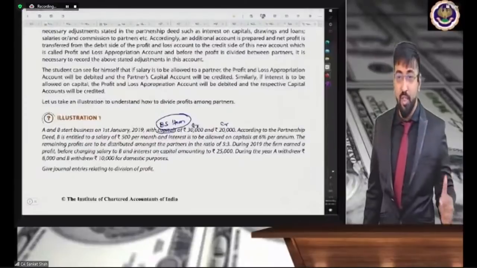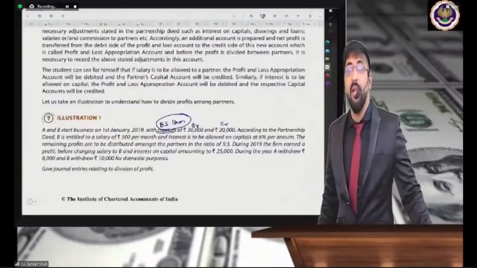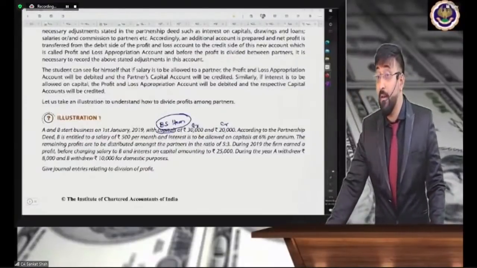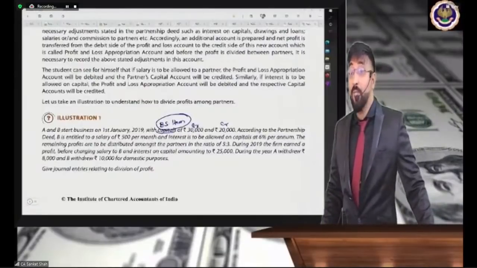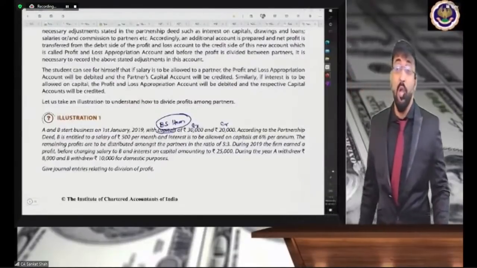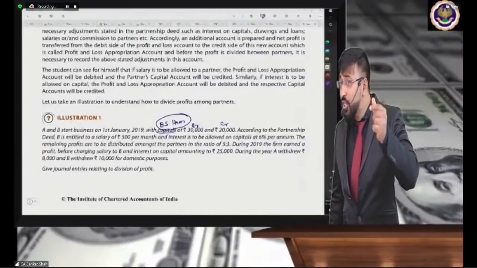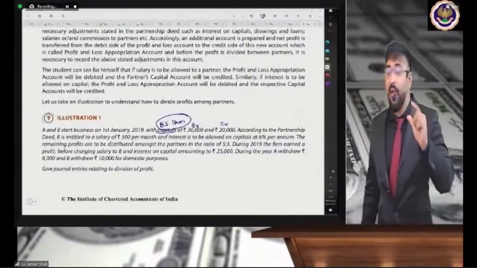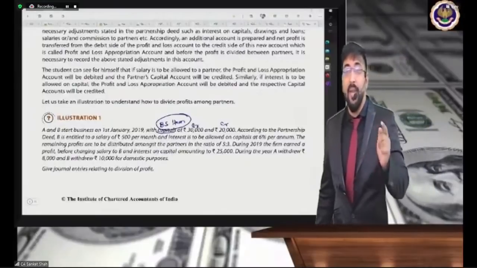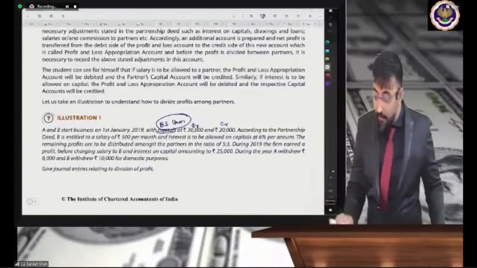According to partnership deed, B is entitled to a salary of rupees 500 per month. Now remember, as per deed, he is going to receive salary. Think from the proper angle: salary is an expenditure for the business, so it goes to P&L account. One effect for P&L account.